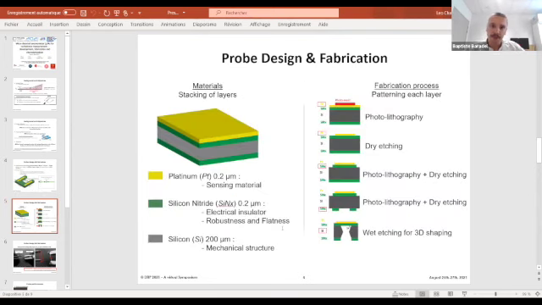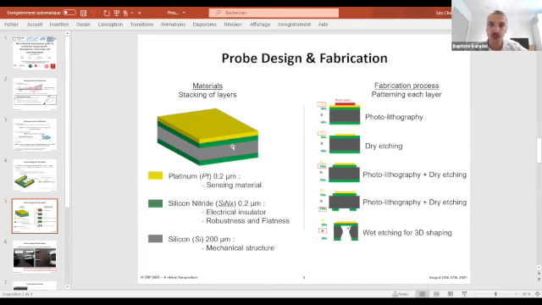For the manufacturing process, we use a stacking of different material layers for our substrate. Starting from the top, we have platinum, which acts as the sensing element. Then we have silicon nitride.